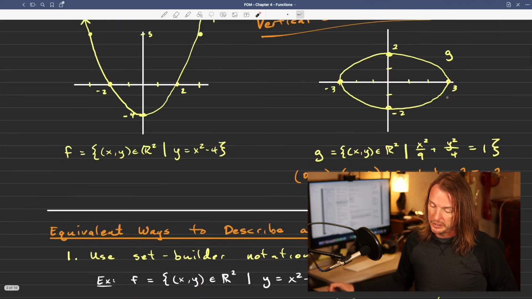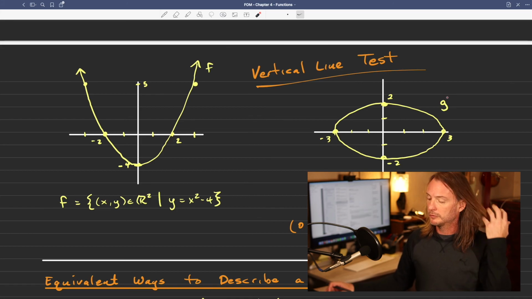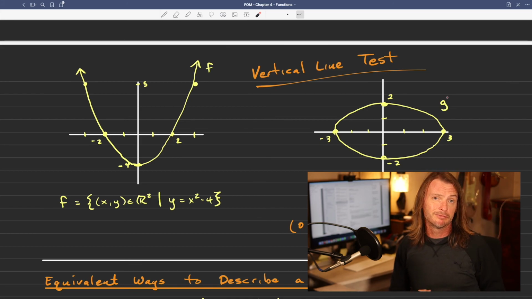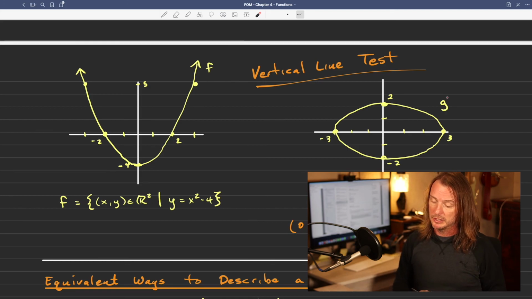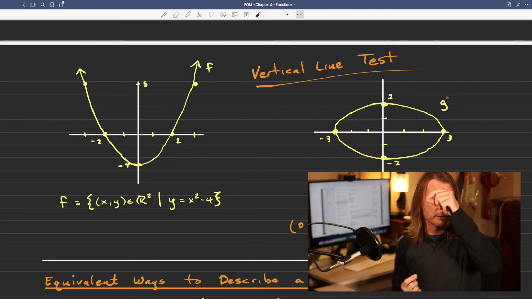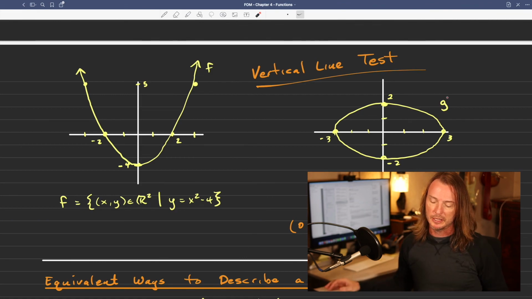We talked about a vertical line test for visualizing if a relation is a function. If it crosses the graph twice, you've got an x value that corresponds to two y values. That's one input giving two outputs, and that's what you're trying to avoid in a function.